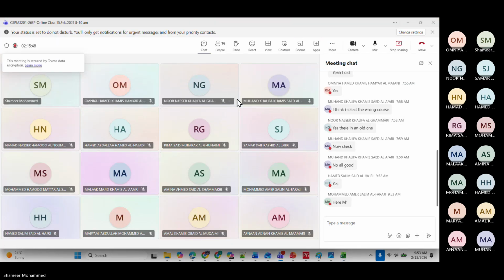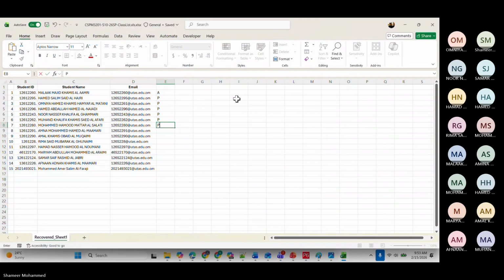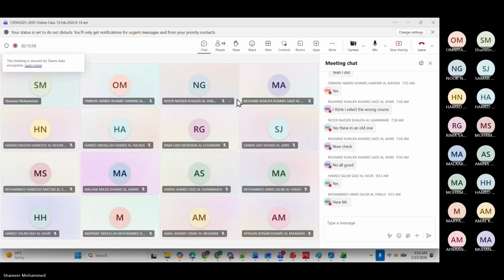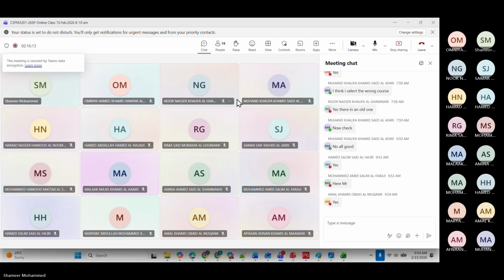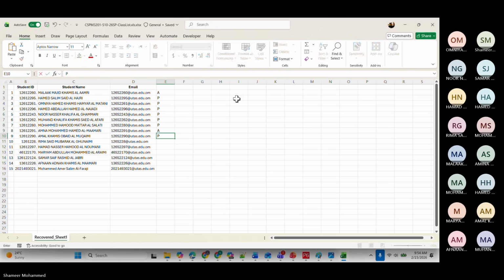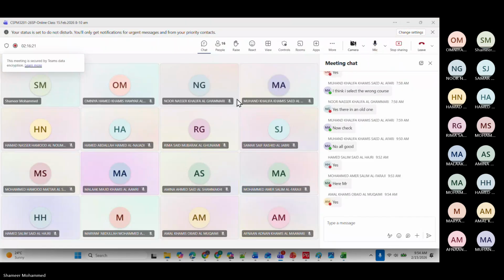Muhammad is present. Then Amna is present. Amal. Rima is there.